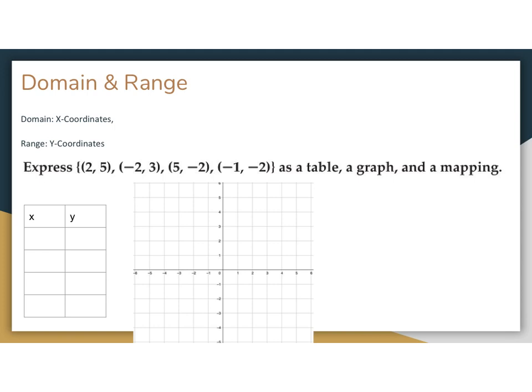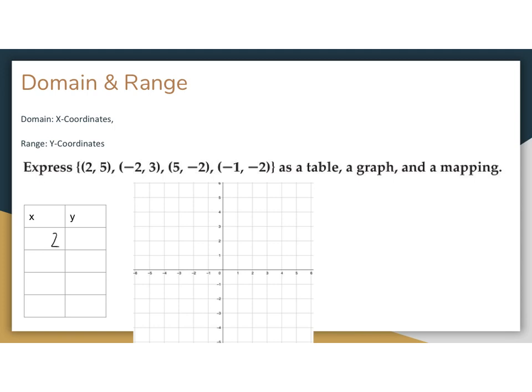So now let's express these numbers as a table, a graph, and a mapping. So first we have 2, 5. So 2 is going to be the domain, so we're going to put that in the x coordinate on the table.